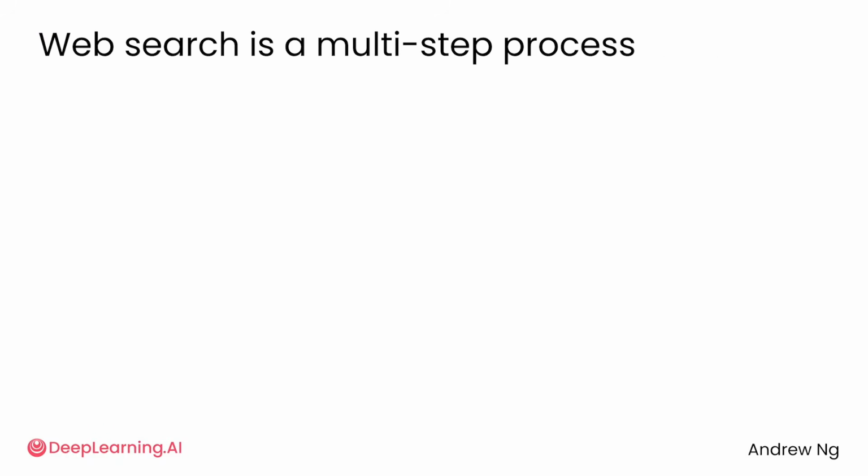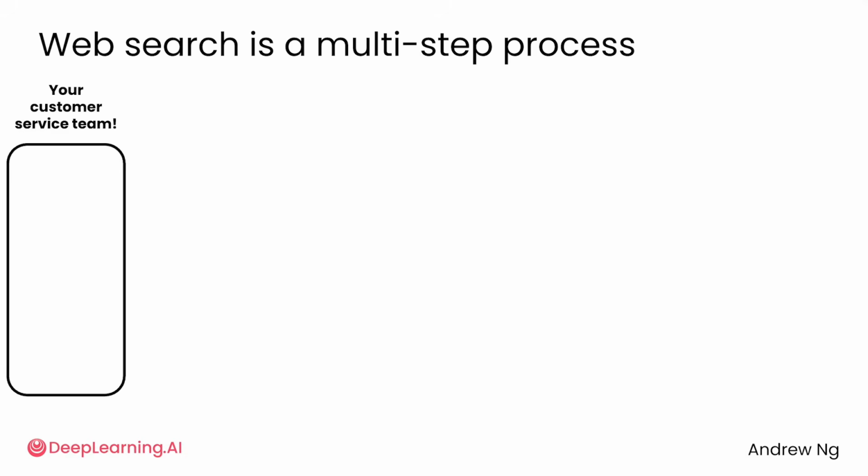To help build intuition about how AI searches the web to use that information, let me briefly explain how web search actually works under the hood. It turns out to be a multi-step process. Imagine that you're asking questions of a customer service team of 2 people.